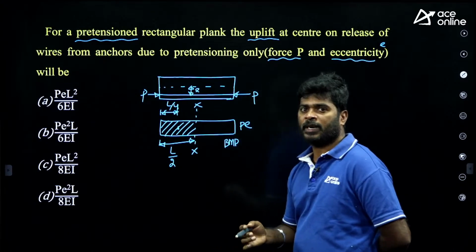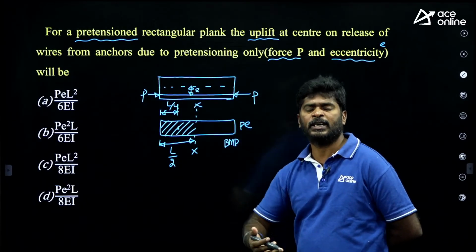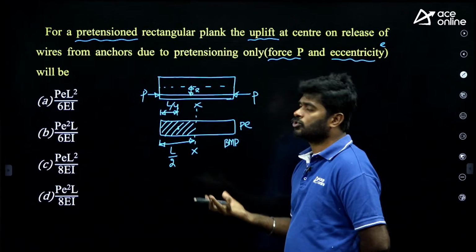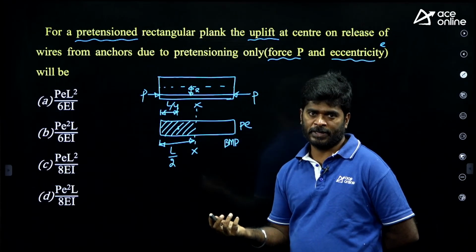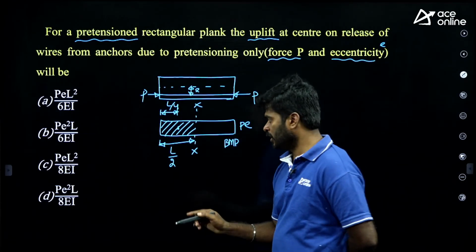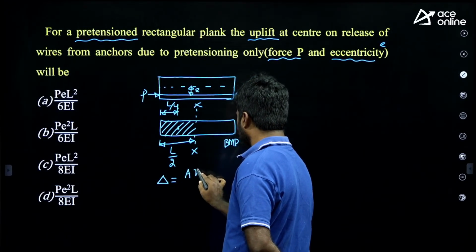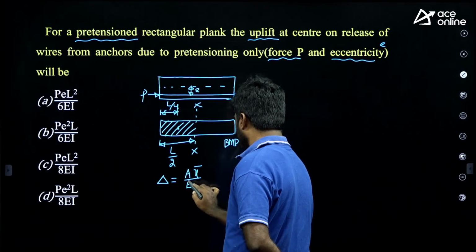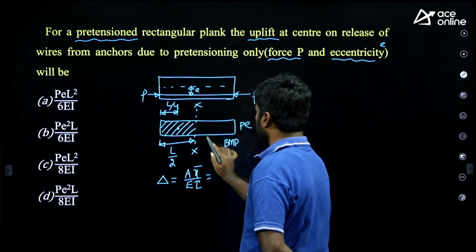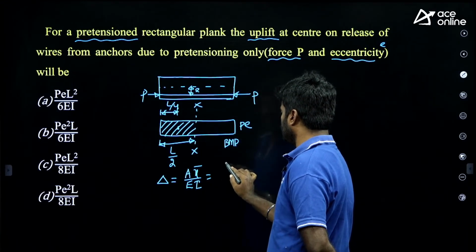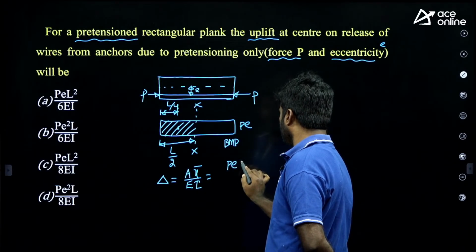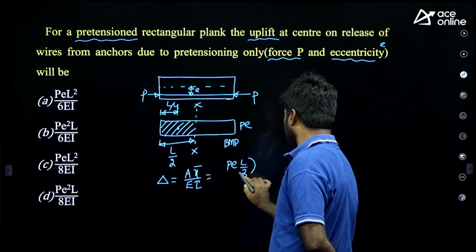Deflection can be determined in different ways, in different methods, but here the most suitable method is the moment area method. According to Mohr's theorem 2, deflection equals A X bar upon EI. My dear, area of this hatched portion is PE into L by 2. This is the area.